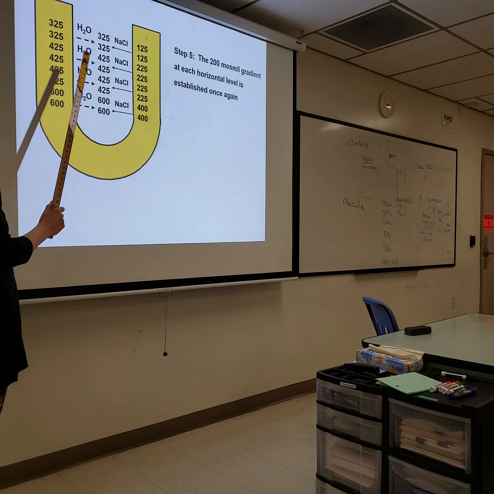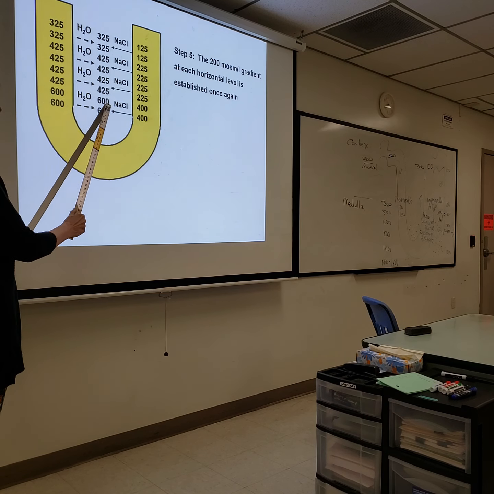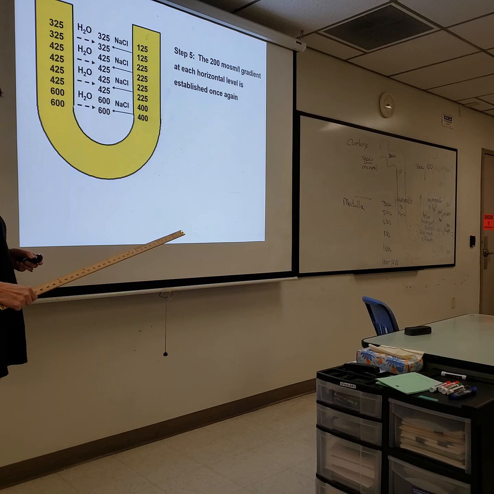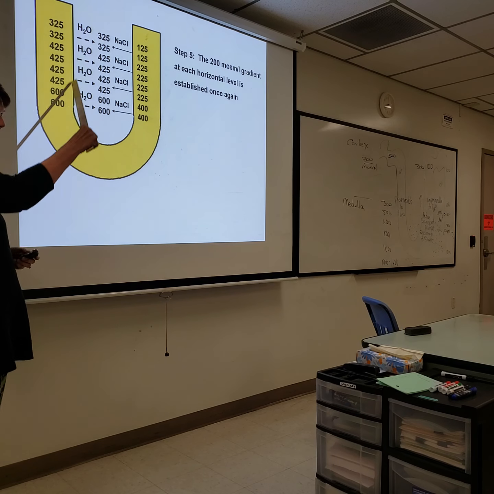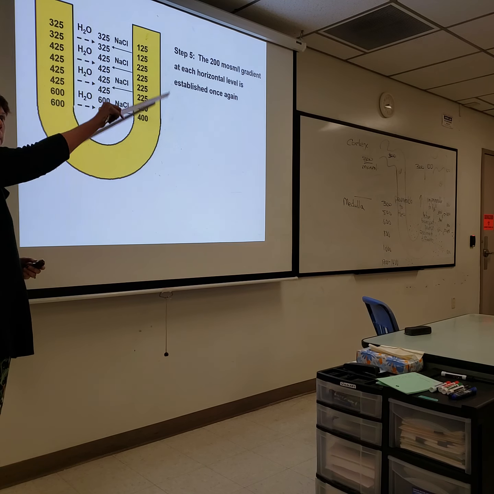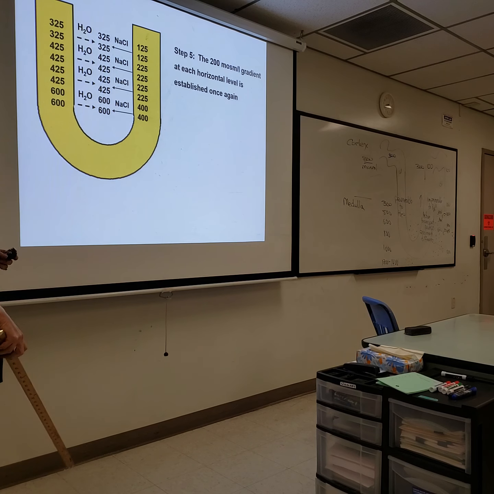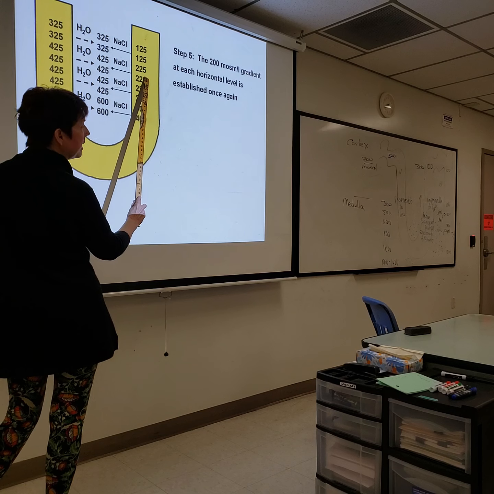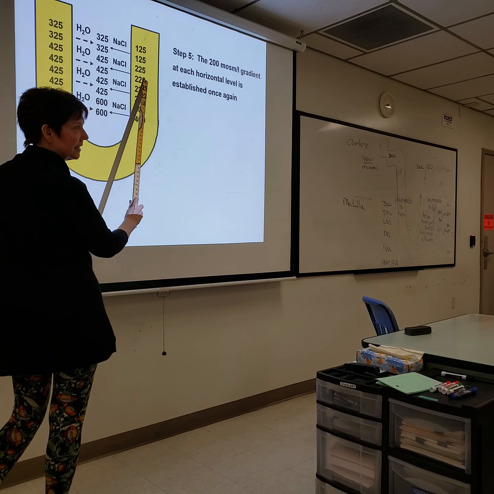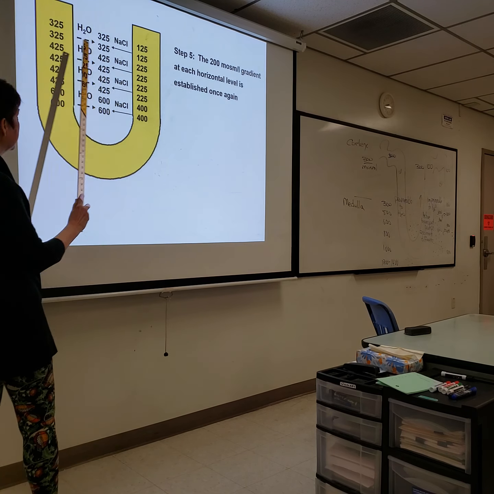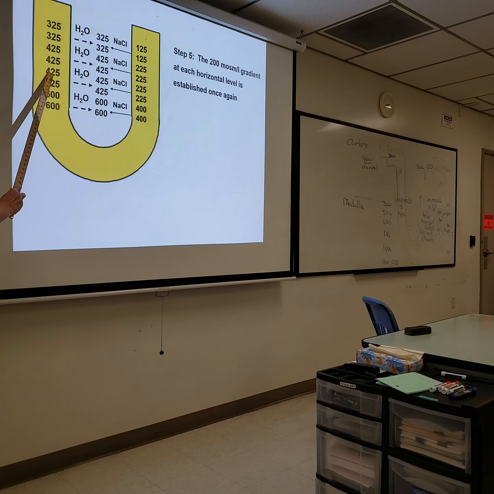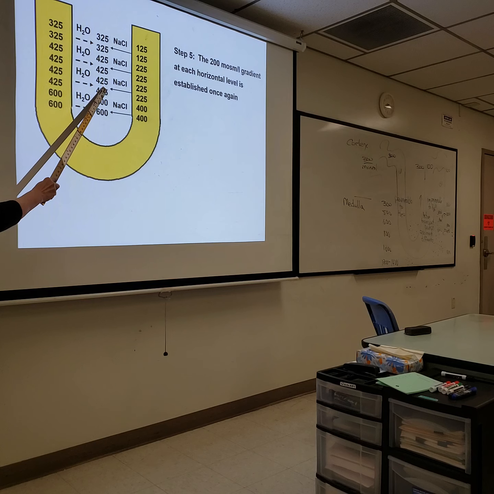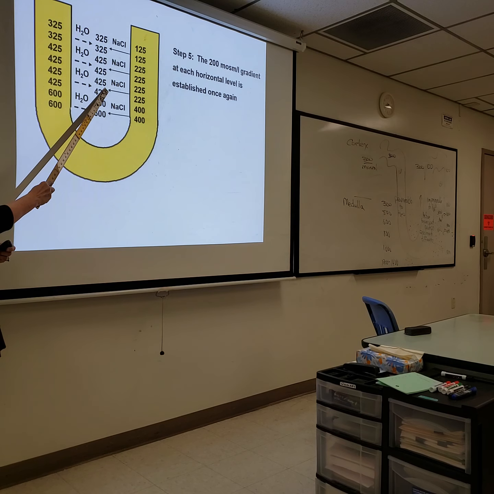Still 300 up here. But notice still only a 200 milliosmol difference. So by doing the multiplying, by allowing it to come down this side and get more concentrated and then go up that side, we create that multiplier effect. So if I were to tell you that the ascending limb was 225, and I were to ask you what the descending limb would be, 425. It's going to be a higher concentration. It's going to be the same as the interstitial fluid.